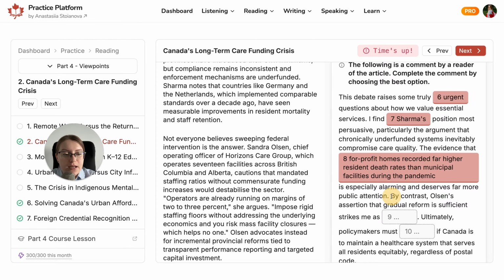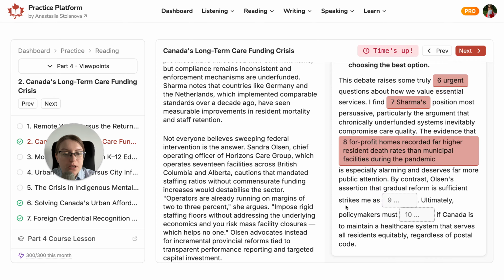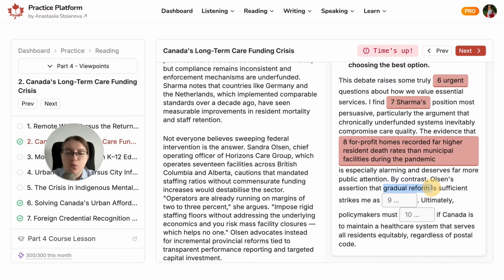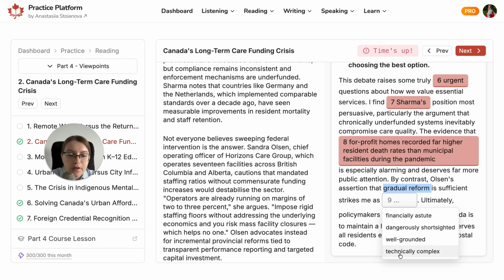Yeah, and then it says, by contrast, Olsen's assertion that gradual reform is sufficient strikes me as what? Is it a good thing or not? Gradual, meaning it will take time, but it's fine. Probably not, yeah? Because look, if we look at the options, the first one and the third one, financially astute, meaning it's great, well-grounded, it's a positive, right?